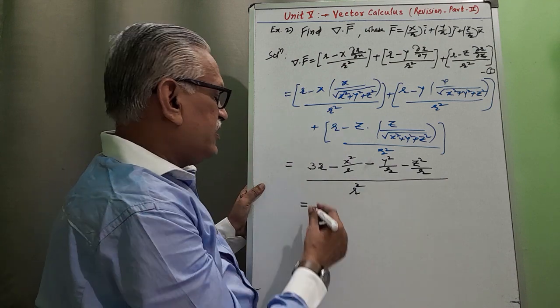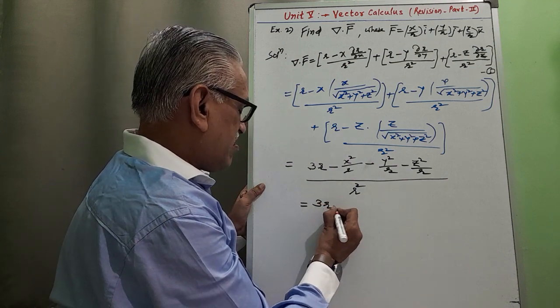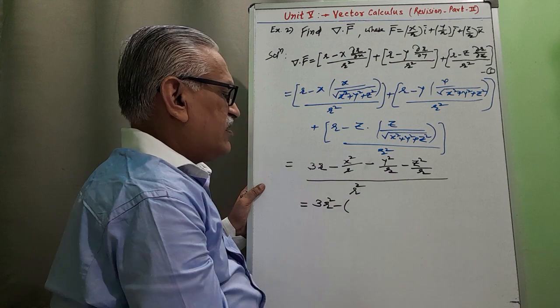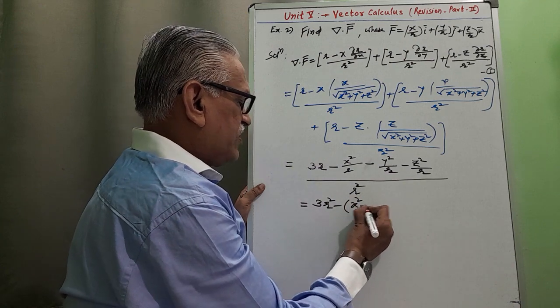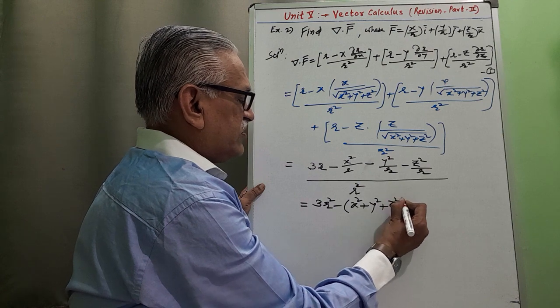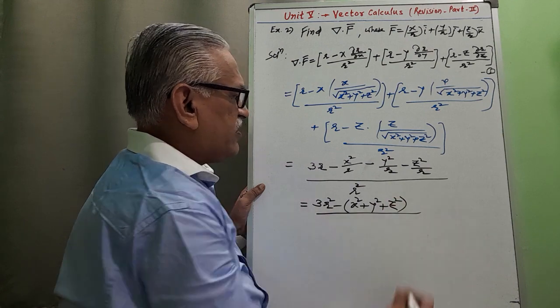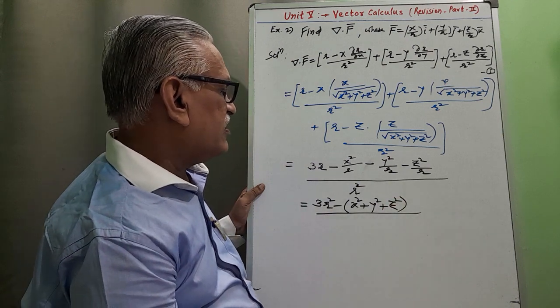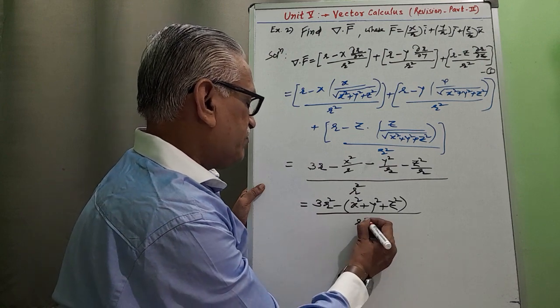We get 3r square minus x square plus y square plus z square, divided by r cube.